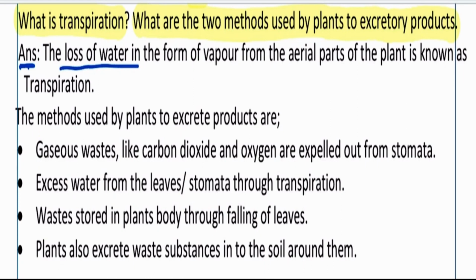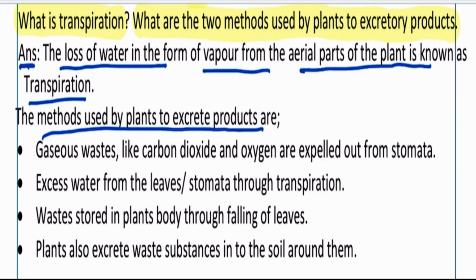The loss of water in the form of vapor from the aerial parts of the plant is known as transpiration. The methods used by the plants to excrete the products are provided here. You can write or note it down. Just read it.